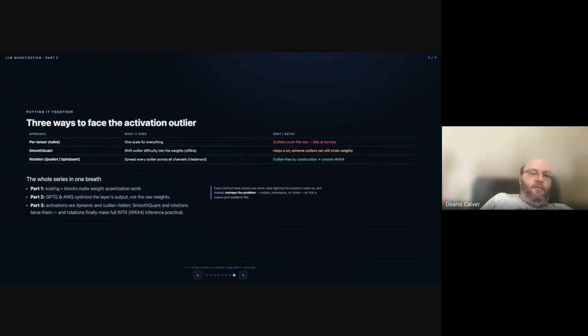Some of the data we pulled out, when I was doing some work on int4: basically, activation at int4 is terrible unless you do some rotations on it. You can get pretty good recovery of your errors just by doing some of these rotation algorithms.